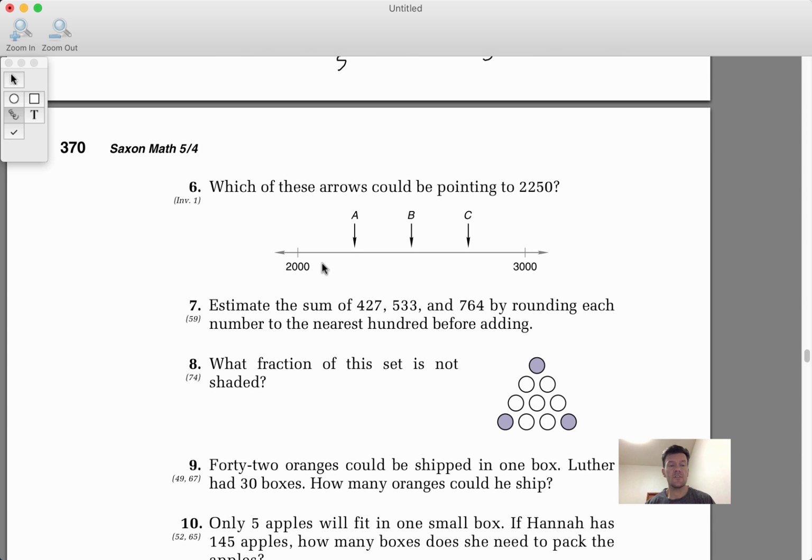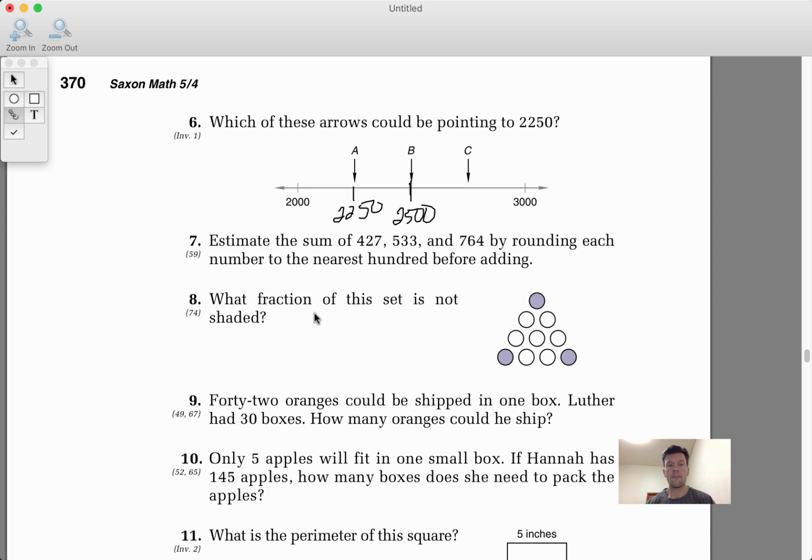This one looks like one we did in the last lesson. So if this is the halfway point, that's going to be 2,500. So this is the one that's going to be closer to 2,250. Estimating the sum. This is a powerful skill to be able to estimate. So 427, 533, 764. You want to round each of them to the nearest 100.